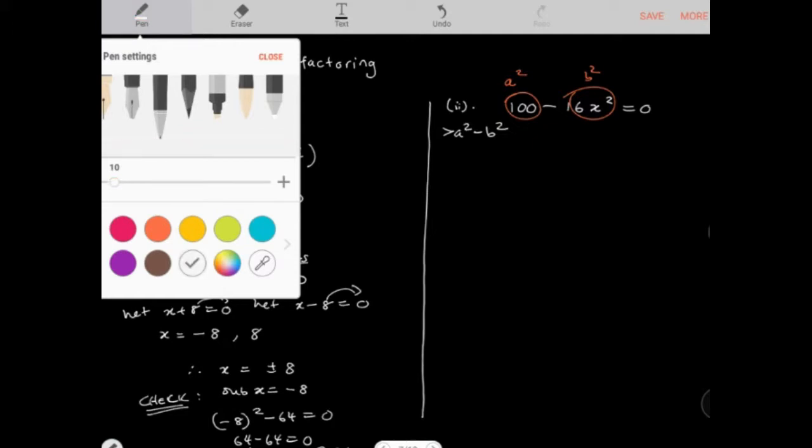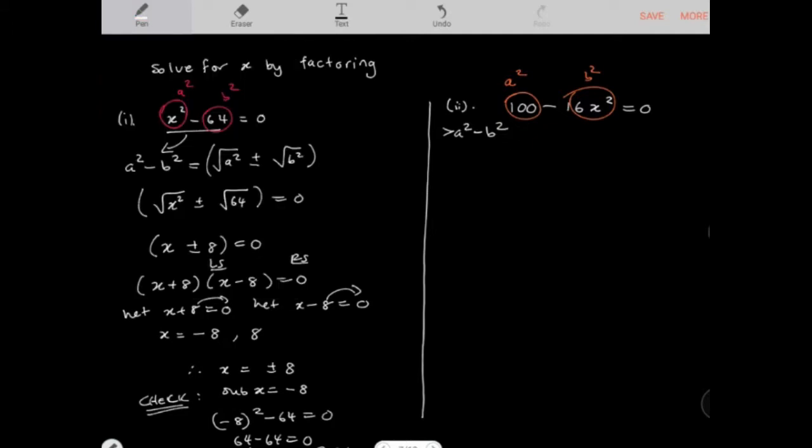We're using a template, square root of a squared, which here is the square root of 100, plus minus the square root of b squared, which is 16x squared, equal to 0. So the square root of 100 is 10, plus minus the square root of 16x squared, which is 4x, equal to 0.